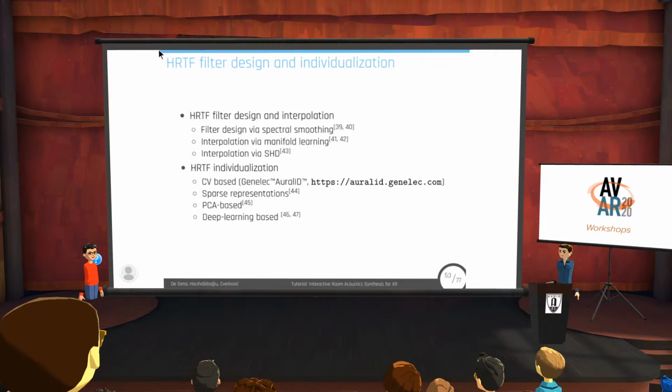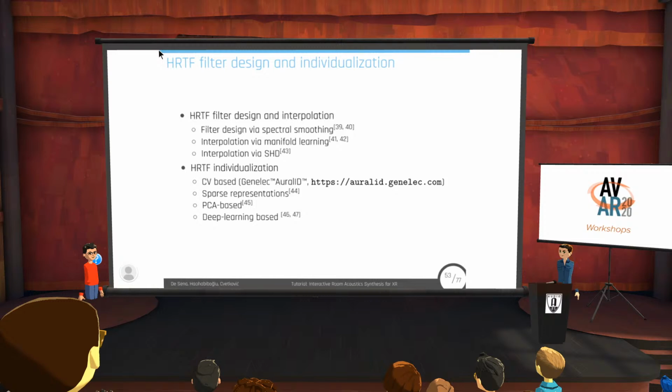Another issue that needs to be solved is HRTF interpolation, which is especially relevant in XR for synthesizing moving sources. And there are several different methods to achieve HRTF interpolation. Some of these are directly carried out in the spherical harmonic domain, which provides increased compatibility with higher order ambisonics transcoding as used in binaural synthesis.